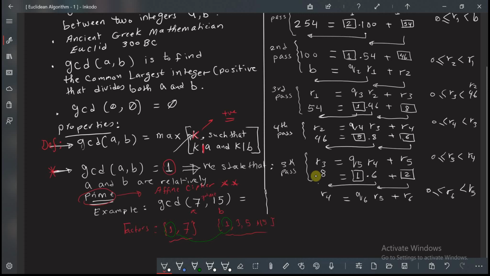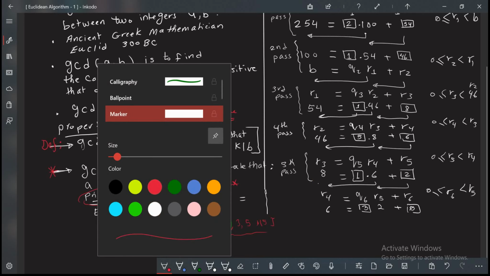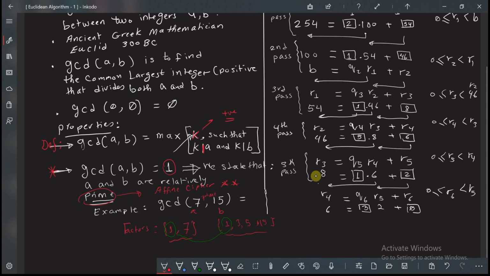So let's find the substitution here. 6 is equal to a box, and R5 is equal to 2 plus another box. 6 divided by 2 is actually 3, and 3 times 2 is 6, and the remainder is 0 in this case. So R6 is greater or equal to 0 and less than R5. If it is 0, we stop. Here we stop, and we found already our greatest common divisor. This is the sixth pass, and this is the last one.